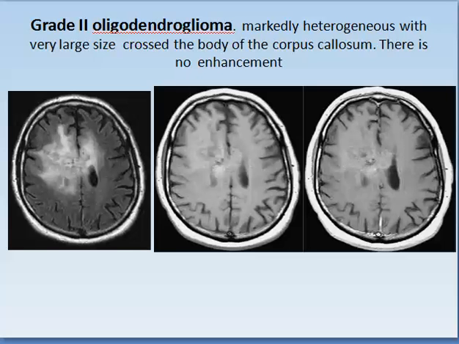Grade 2 oligodendroglioma, heterogeneous, very large, crossing, but there is no enhancement. And multiple hypointense foci are seen, denoting calcification.